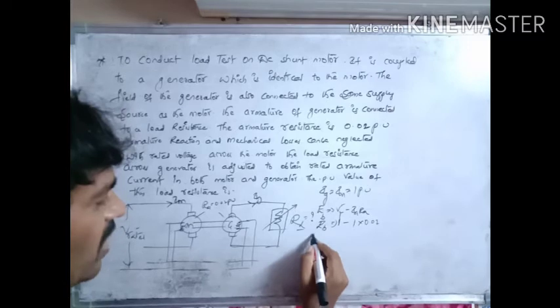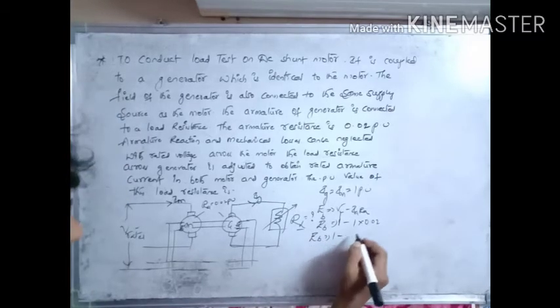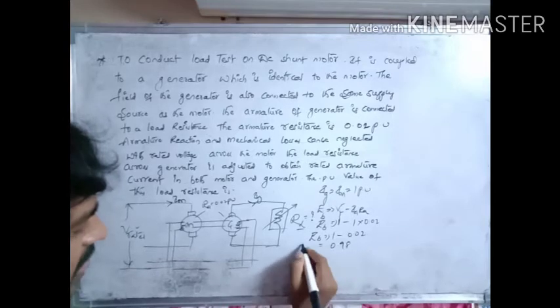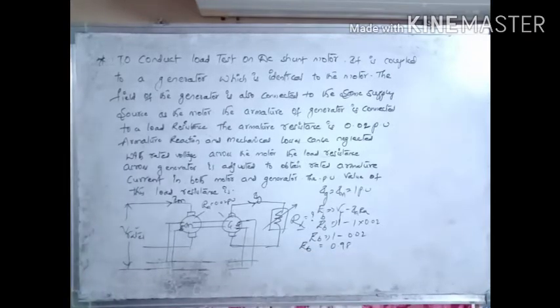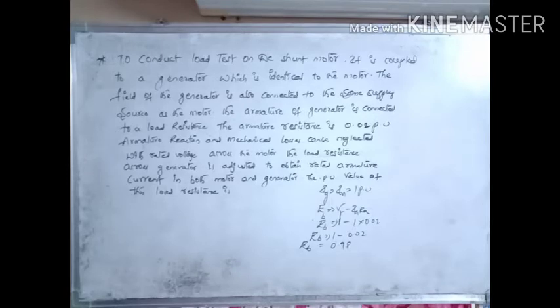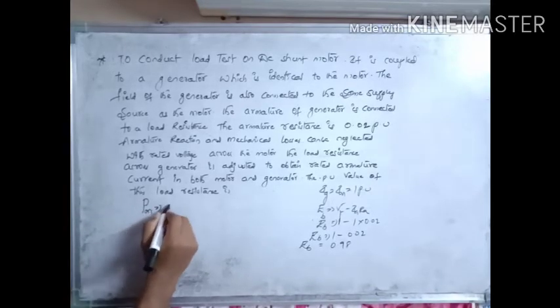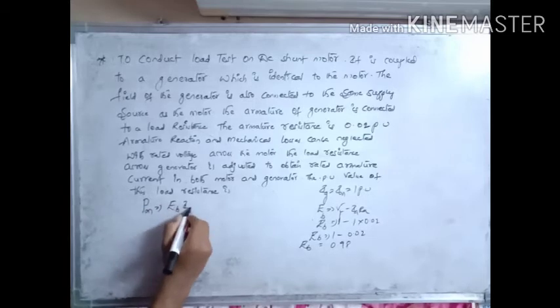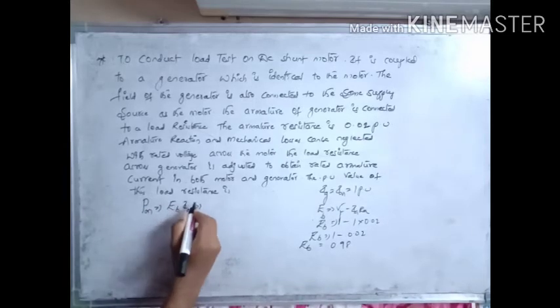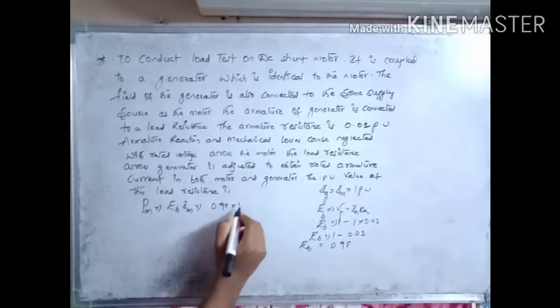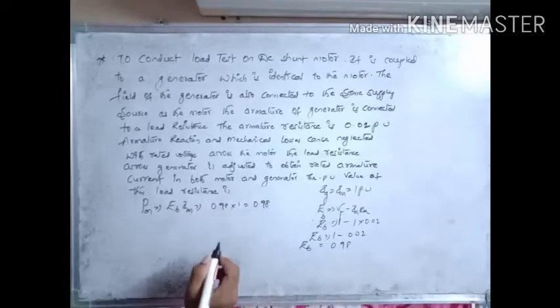So back EMF Eb equals 1 minus 0.02, which means 0.98 is the back EMF. And the total output power developed by the motor, Pm equals Eb into Im, which is 0.98 into 1, which becomes 0.98.